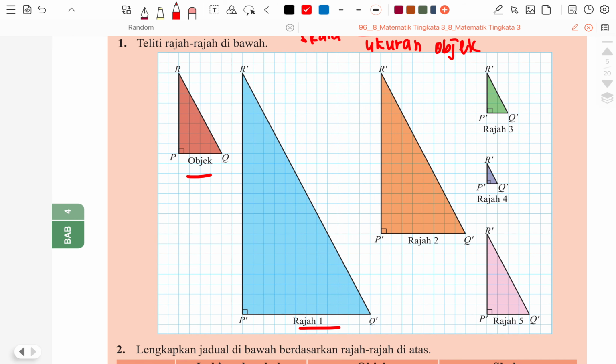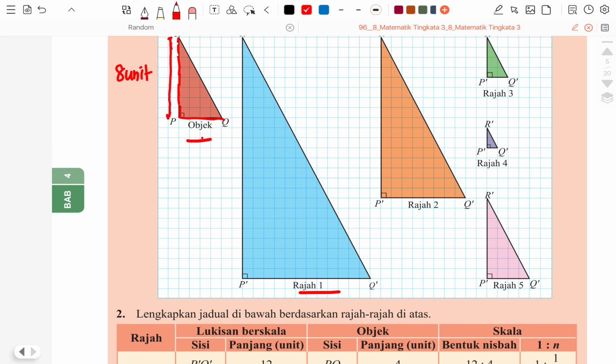So how do you measure this? Just measure this part. So P to R is how many units? 1, 2, 3, 4, 5, 6, 7, 8. So 8 units. This part, P to Q, you have 4 units.